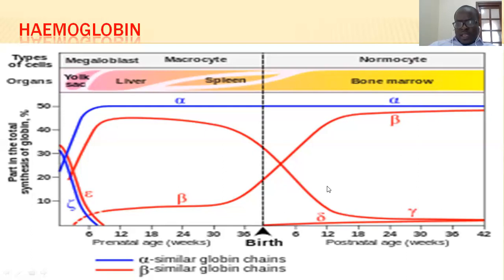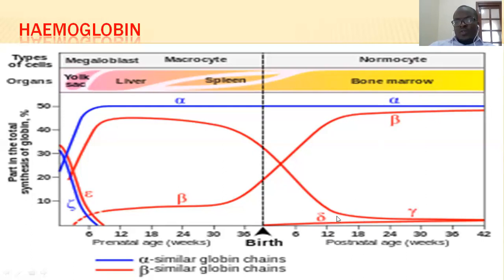Then you can see here that after birth, there is another polypeptide chain appearing. It's called delta, and it is more prominent in adults. So there's another hemoglobin found in an adult, called adult hemoglobin 2, composed of two alpha and two delta.